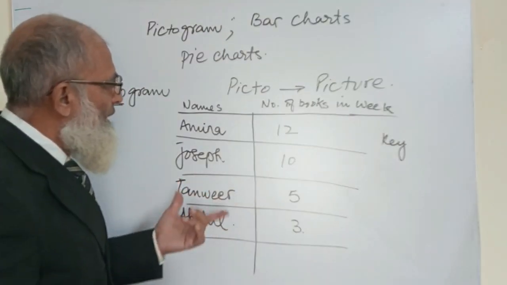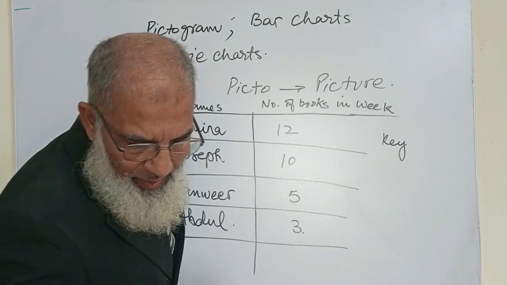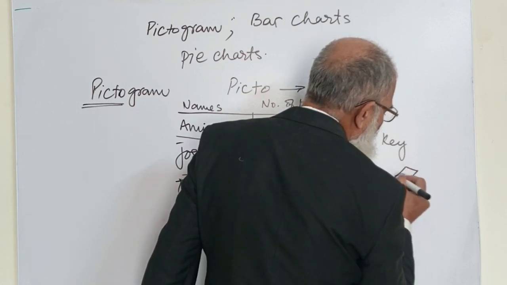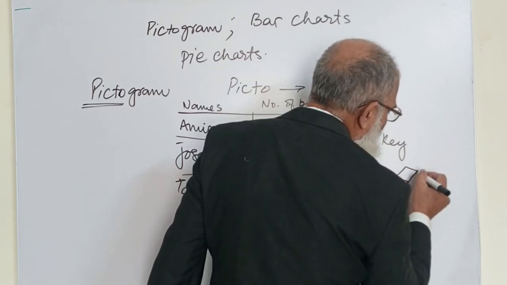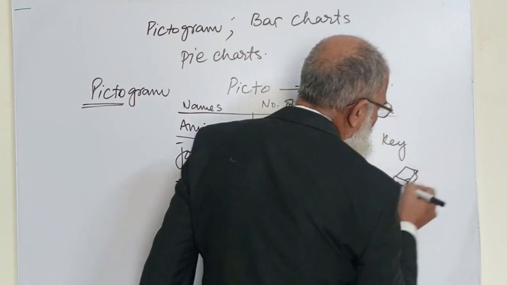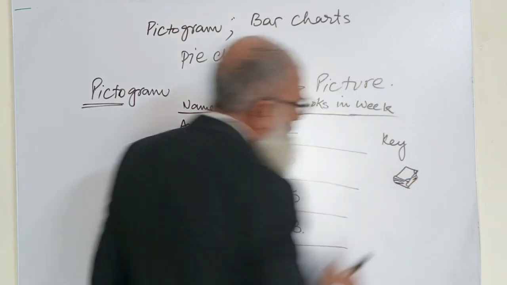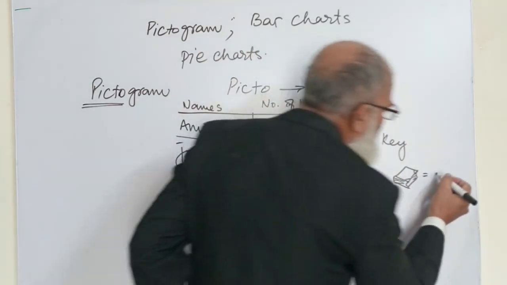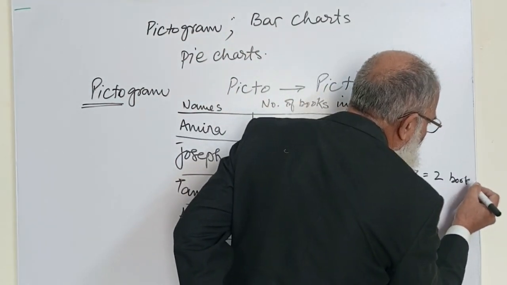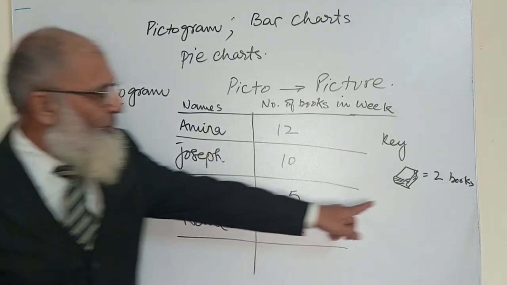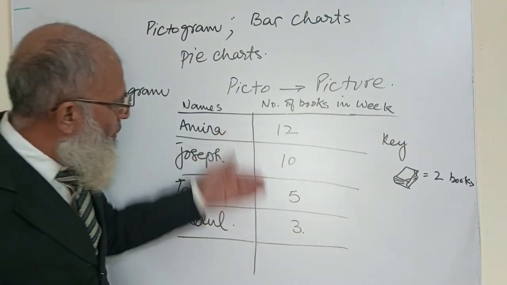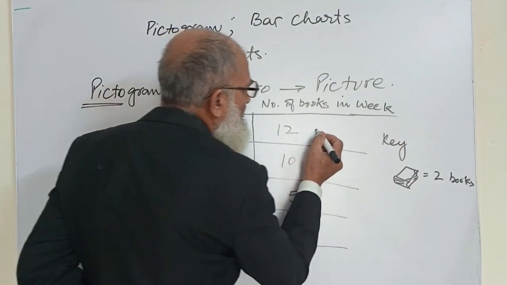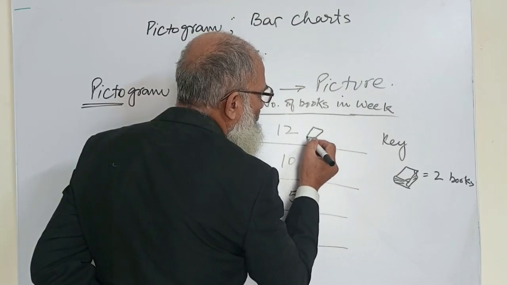The key to this book: this is one book, and this picture represents two books. Now how many books do I have to draw here? Six. You have to draw six books over here.